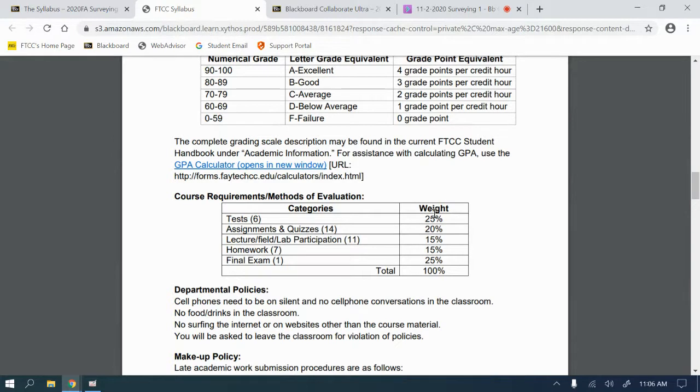As you can see, I split it up so it's not killing you if you don't test well. Whatever your lowest test is, if you do your final and your final's 80, then I'll come back and replace that lowest test grade with your final. It is not going to kill you. I should have all A's and B's in here. There shouldn't be a reason why, if you're not a good test taker, you could be a good hands-on person.